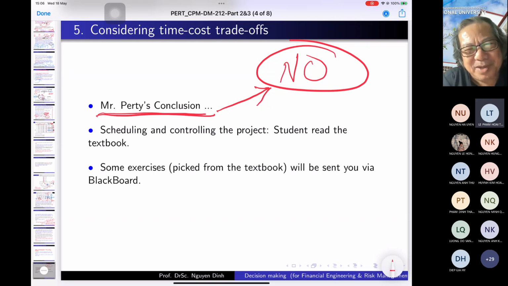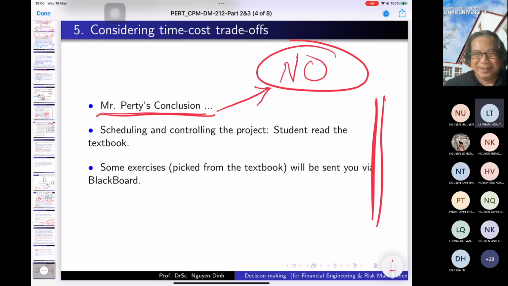That is quite high. Actually there are some more things in the book, but I think we should finish here.